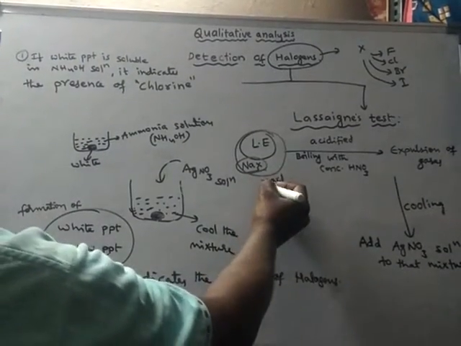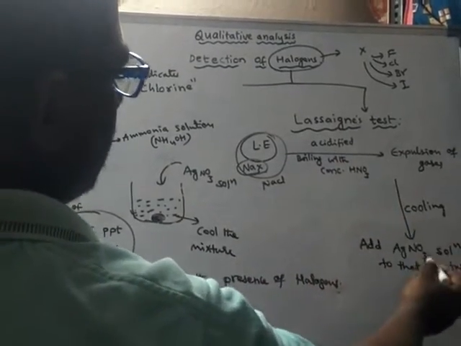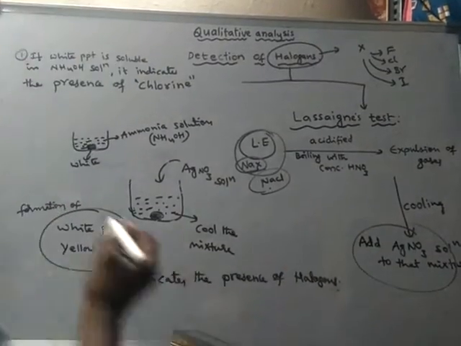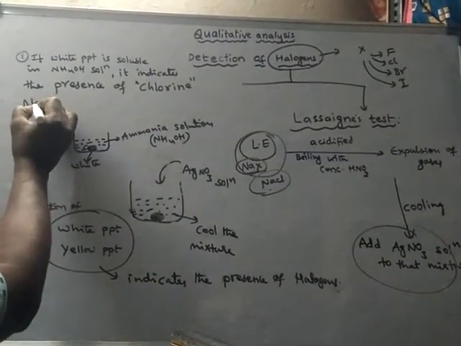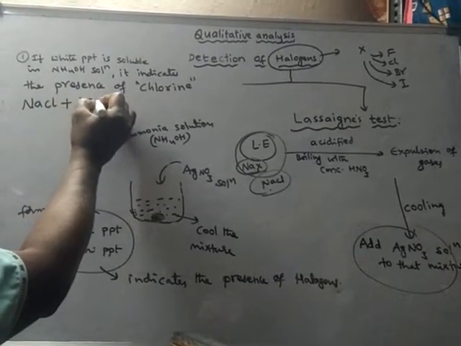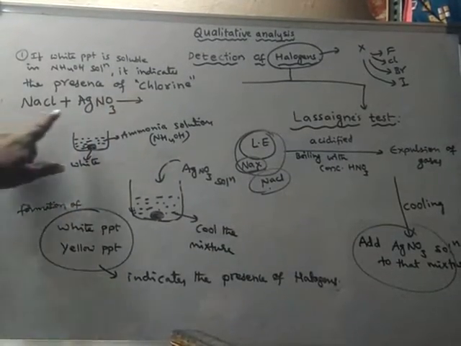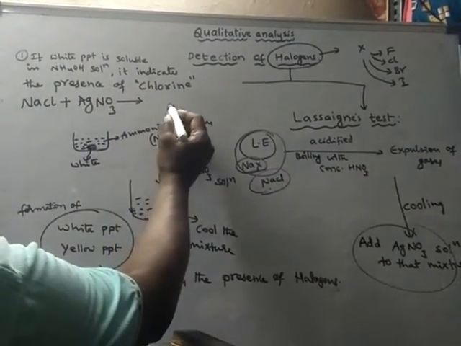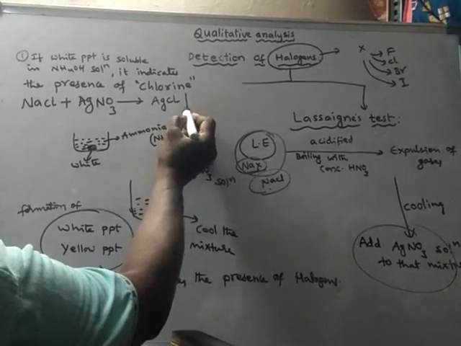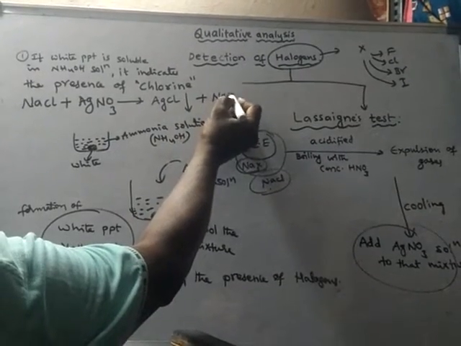NaCl is added to silver nitrate. So it forms silver chloride. A white precipitate of silver chloride, AgCl, is formed along with the formation of sodium nitrate.